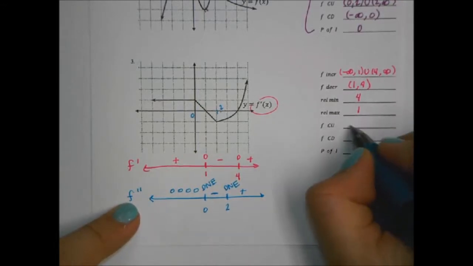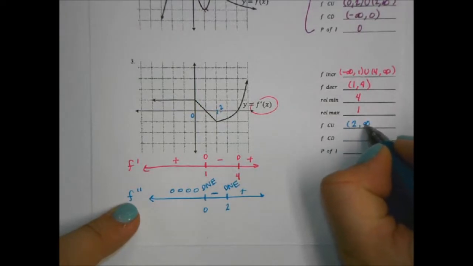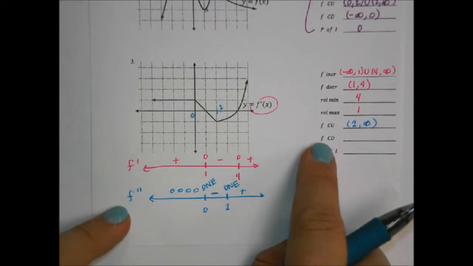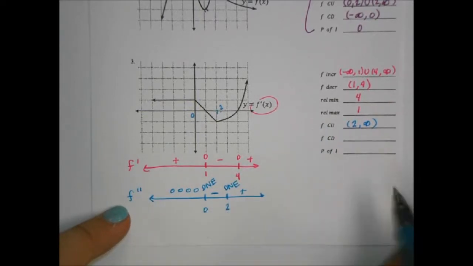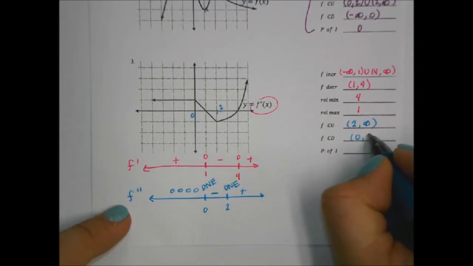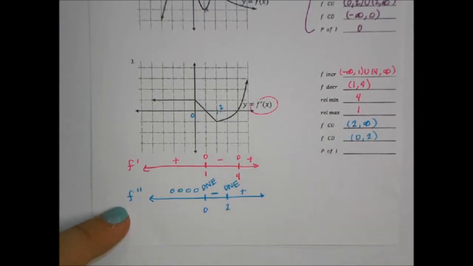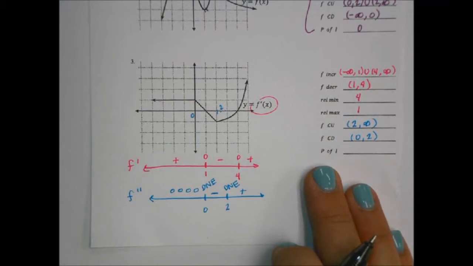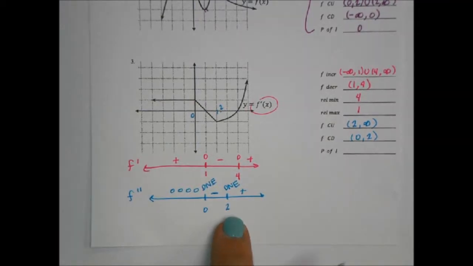Remember, the second derivative tells us about the concavity of the original function f. That's what we're being asked here. Concave down, 0 to 2. Any points of inflection? Well, points of inflection do happen when the concavity changes, but in order to have that, the point would have to exist.